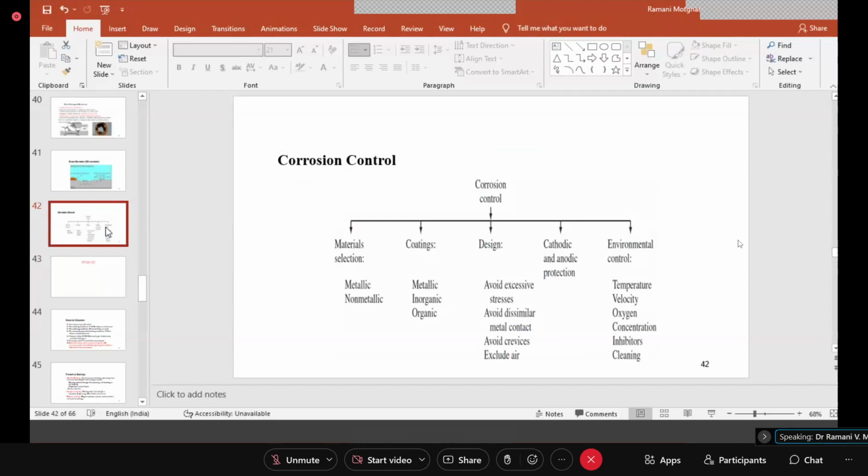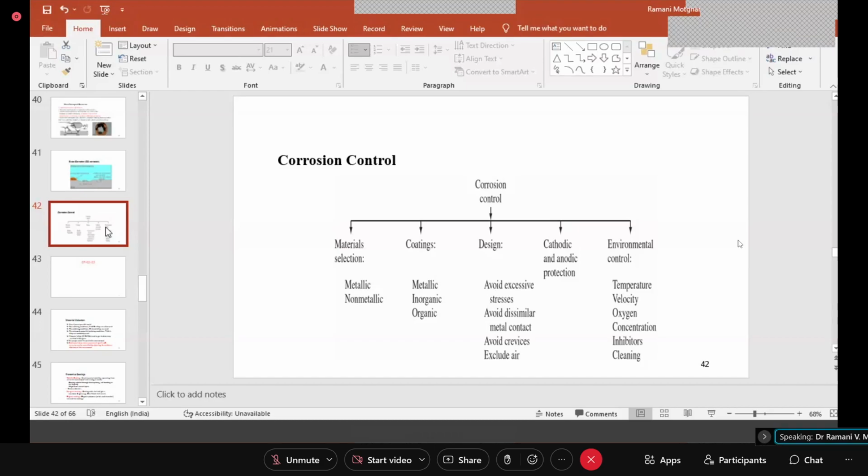Next is ion exchange capacity. The aim was determination of the ion exchange capacity of cation exchanger resin. The sixth experiment was to verify Freundlich adsorption isotherm and study the adsorption of acetic acid on charcoal. The seventh experiment was determination of cobalt spectrophotometrically and verify Beer-Lambert's law. And the eighth experiment is determination of gross calorific value of coal sample using oxygen bomb calorimeter.